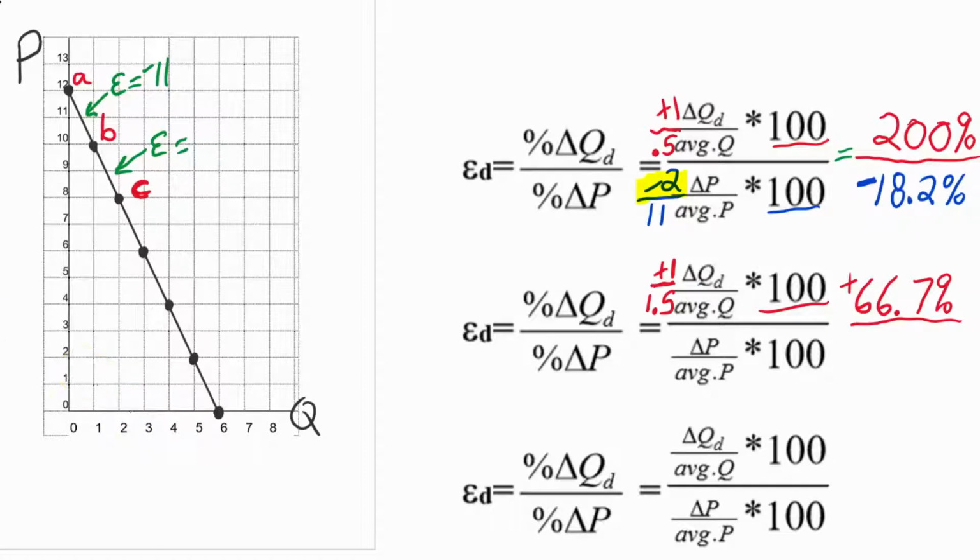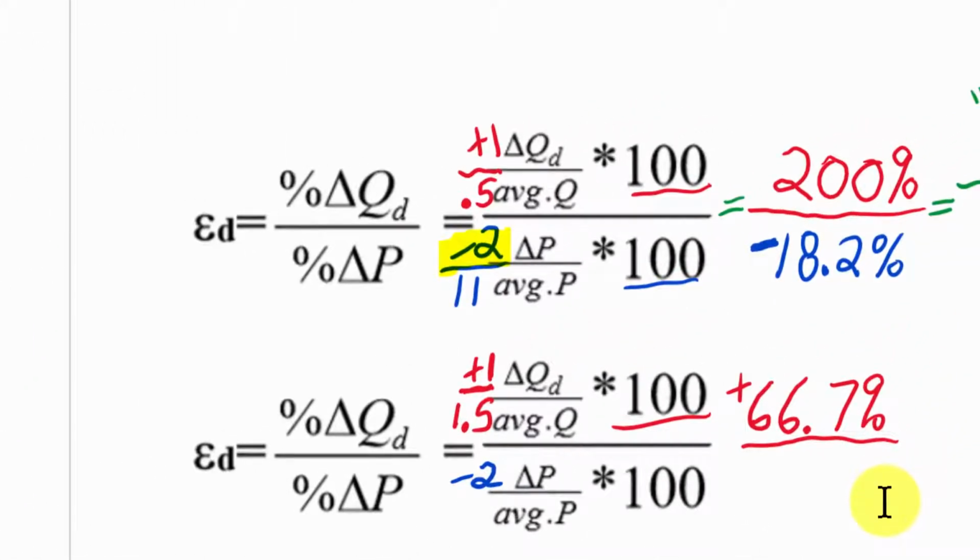Now let's do the same thing with price. When we go between B and C, the price is going from 10 to 8. So what's the change in price down here? Well, the change in price is again minus 2. Since it's a straight line, whenever we increase the quantity by 1, the price has got to go down by 2. But what changes here is the average price we're talking about.